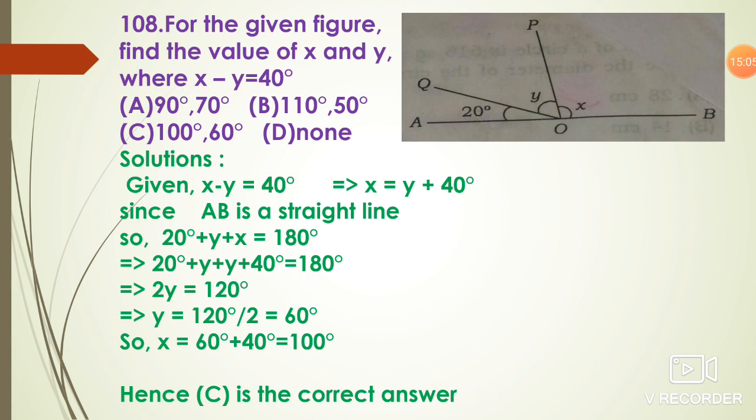So 20 degree plus y plus x equal to 180 degree, because a straight angle is always 180 degree. That means the sum of the angles on one side of a straight line is always 180 degree. So after solving this, we will get y equal to 60 degree. So x equal to 60 plus 40 equal to 100. Hence C is the correct answer.